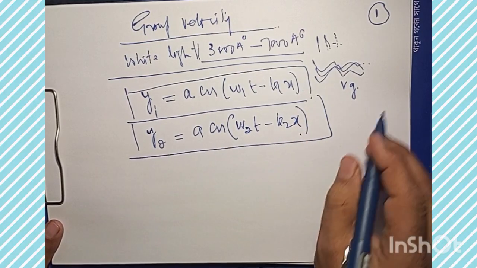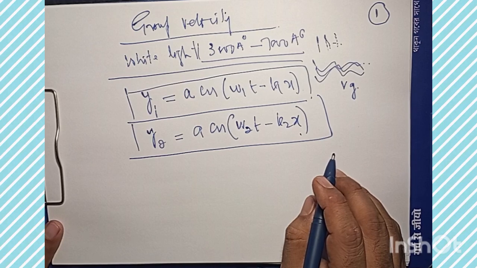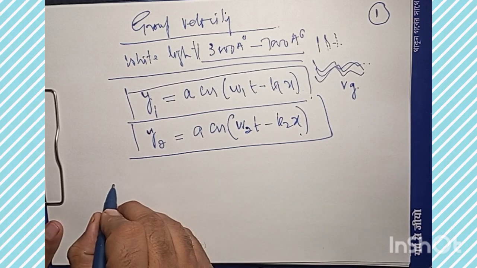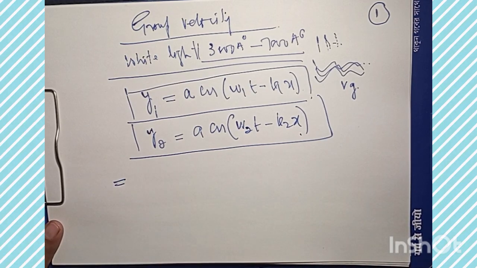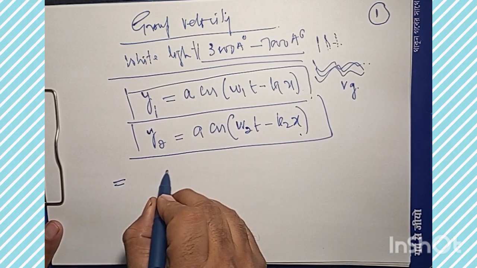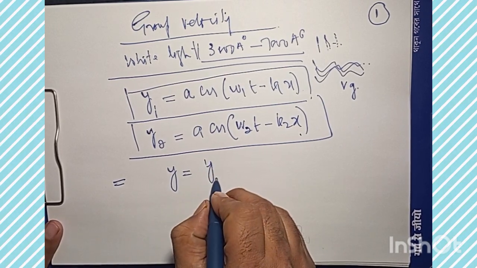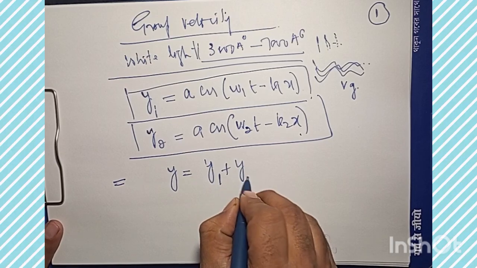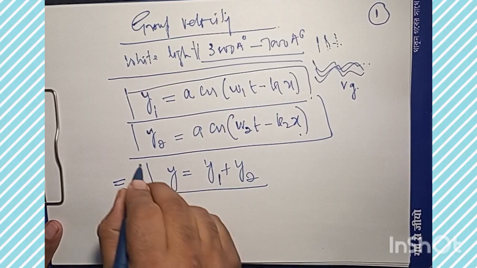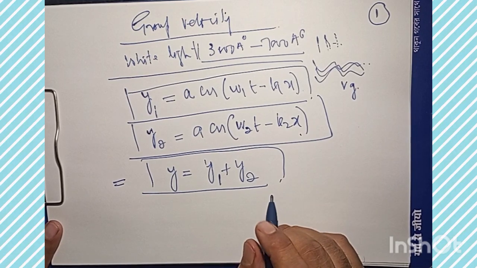If we choose these two equations and apply the superposition principle on these two waves, what we will have is the resultant of these two waves. So if I assume that the resultant is y, that will be y1 plus y2. That's clear to everybody.